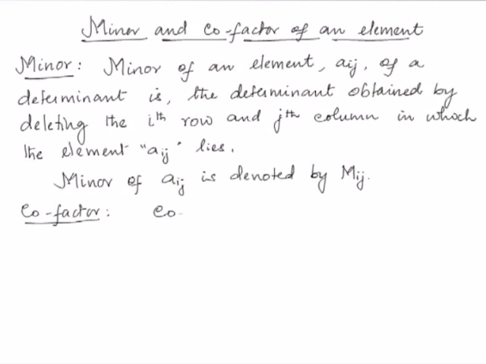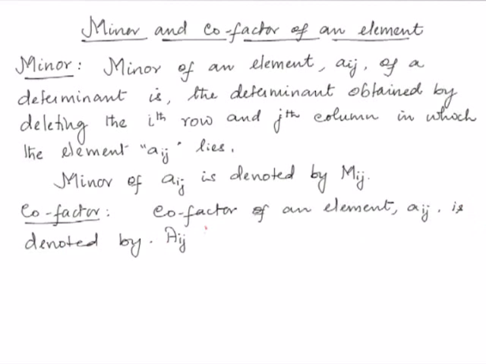Now cofactor. Cofactor of an element Aij is denoted by capital Aij and is defined by capital Aij is equal to minus 1 power i plus j times Mij. What is Mij?